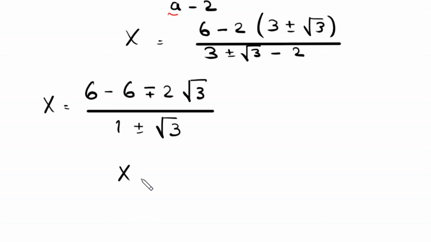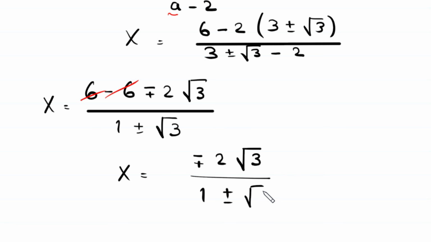Further simplify, x will be equal to this 6 and negative 6 cancelled out, and in the numerator we are left with minus plus 2 times root 3 divided by 1 plus minus root 3. To rationalize the denominator we multiply and divide by 1 minus plus root 3 divided by 1 minus plus root 3.